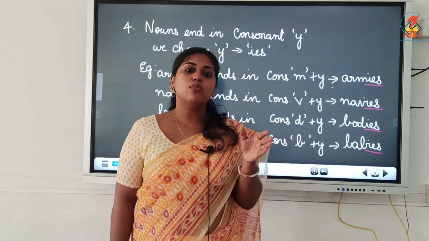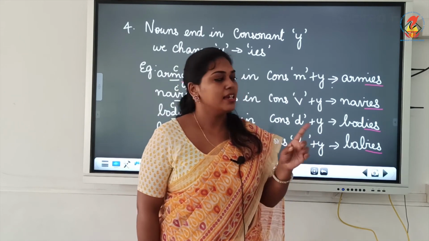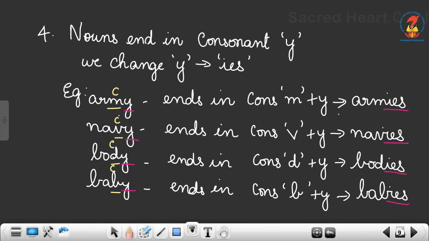Likewise, if the word ends with a consonant and the letter Y, then we have to add IES to the word to make it plural. We have to cut Y and add IES to make it plural. For example, army. Now look at this word army. Here the noun ends with M and Y, right?